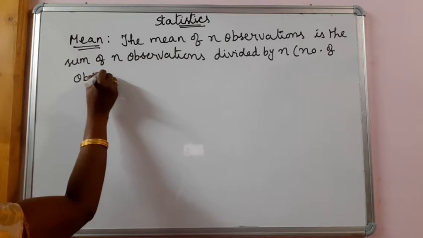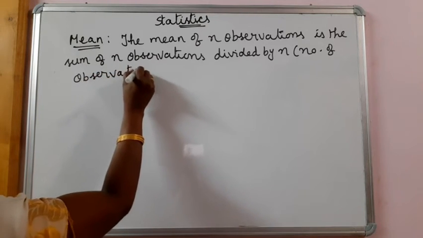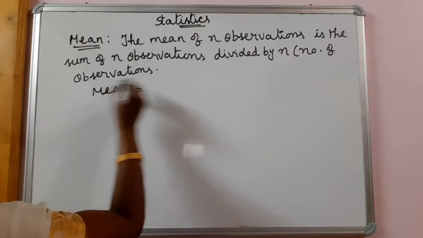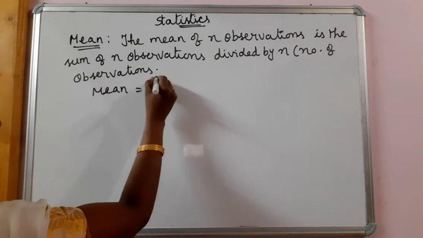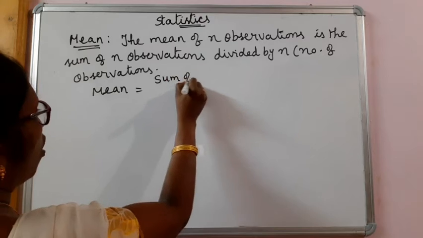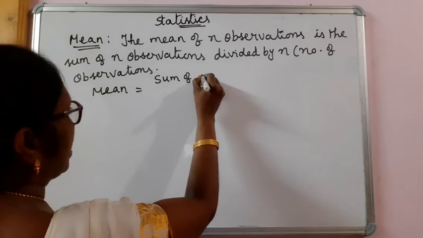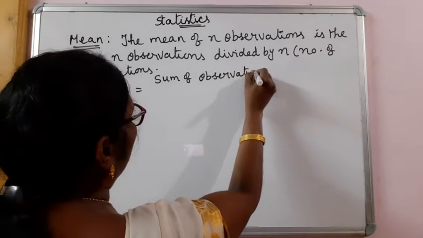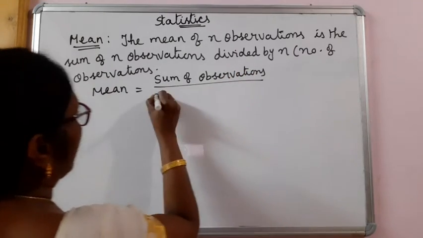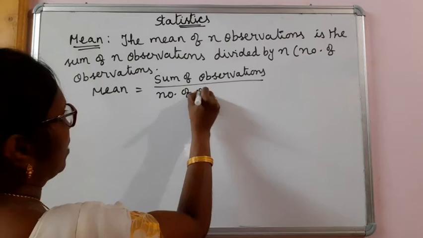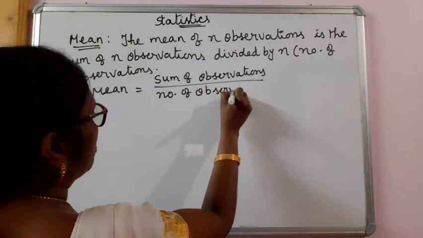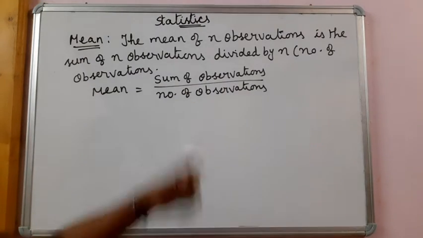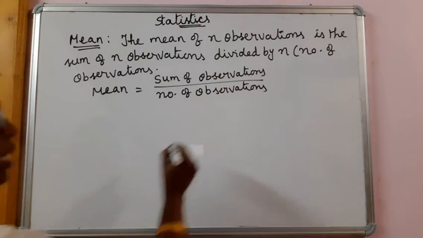So the formula for finding mean is sum of observations divided by number of observations. If there are 10 observations, the sum of 10 observations divided by 10 gives you the mean.